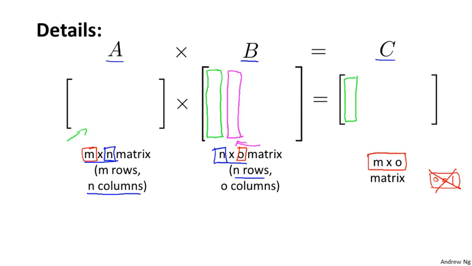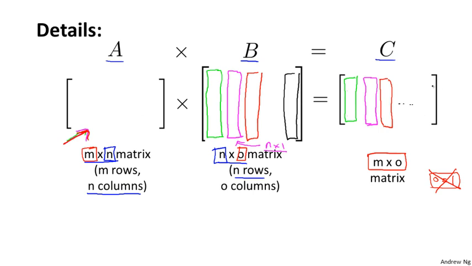So this column here is n by 1. It was an n-dimensional vector. I'm going to multiply this matrix with this n by 1 vector. The result will be an m-dimensional vector, which I'm going to put there, and so on. Then I'm going to take the third column and multiply it by this matrix. I get an m-dimensional vector, and so on until you get to the last column, where the matrix times the last column gives you the last column of C.